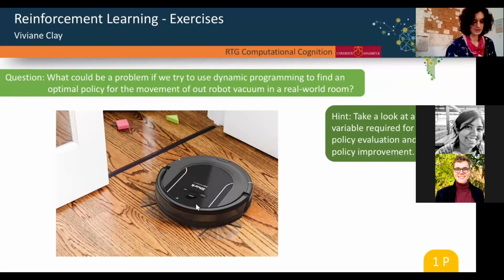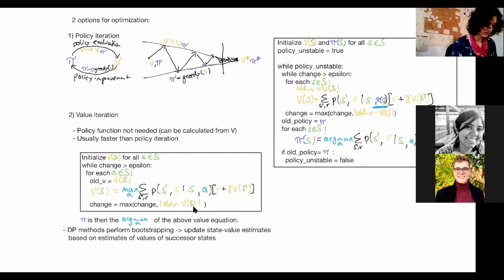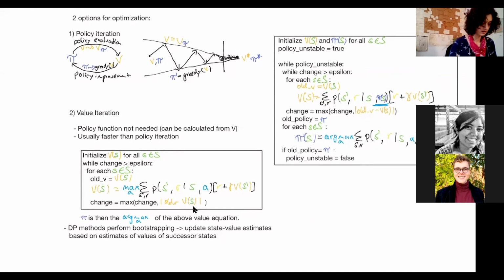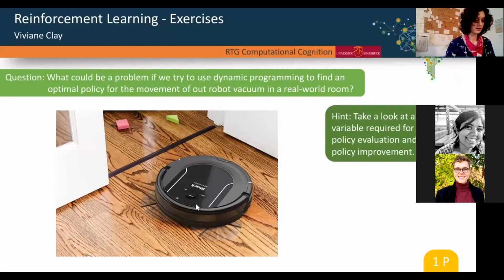And just as a hint, take a look at all the variables that are required for policy evaluation and policy improvement. Just take a look at what variables we need here and what you think would actually be available to us in this real-world robot vacuum scenario. And yeah, just talk about this real quick, what might be a problem here.